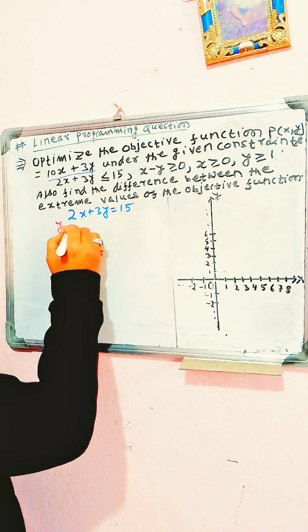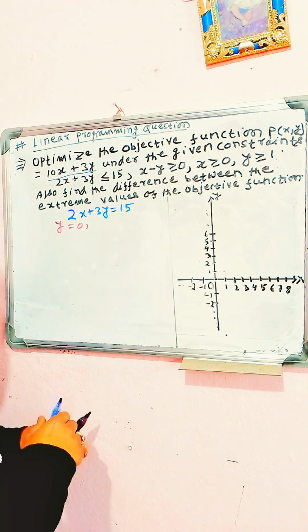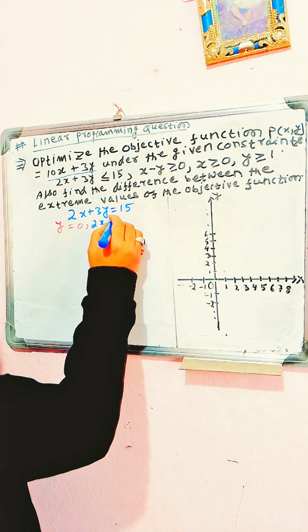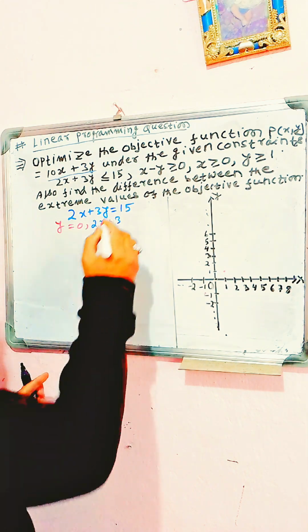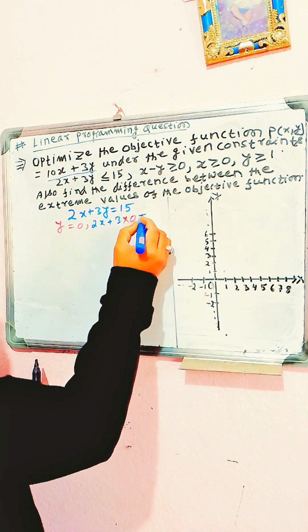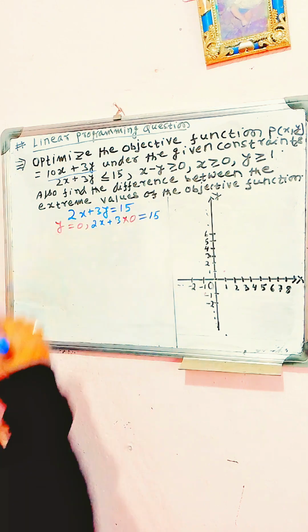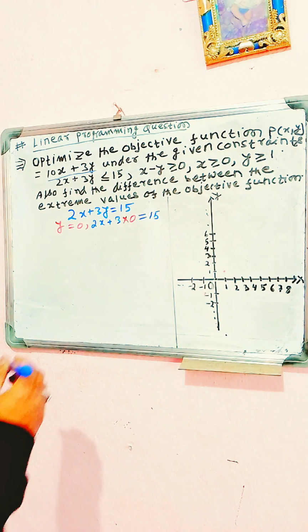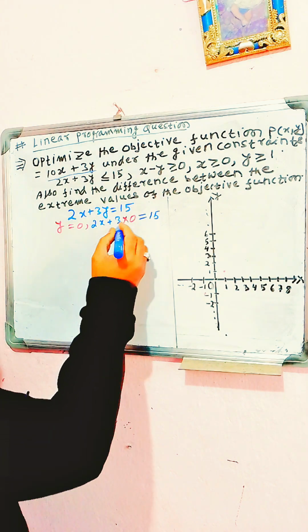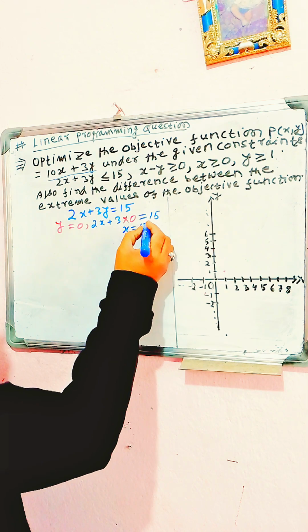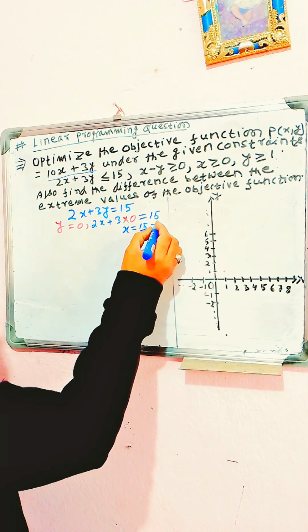So when you put y equals 0, then 2x plus 3 times 0 is equal to 15. Is that clear? As 3 times 0 is 0, your value of x is x equals 15 by 2, which is 7.5.